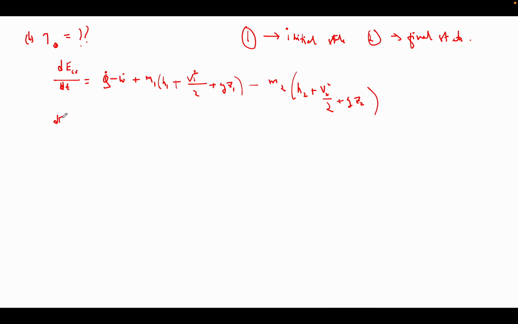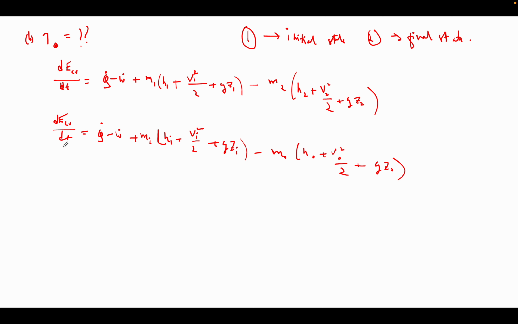If you can bear with me, dE c.v. by dt will be equal to Q dot minus W dot plus m dot i times h i plus V i squared by 2 plus g z i, minus m dot o times h o plus V o squared by 2 plus g z o.